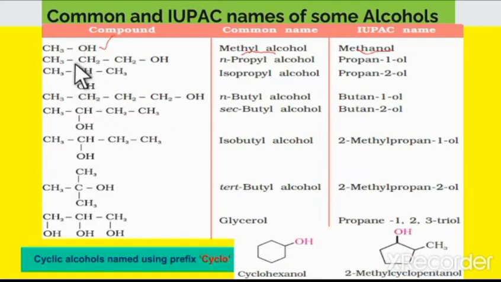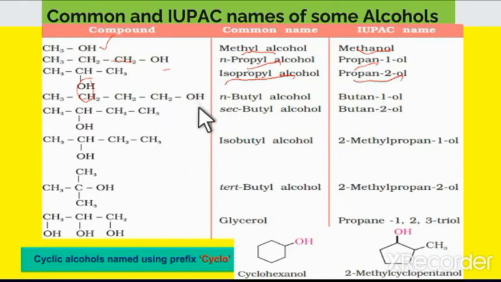The second one is CH3CH2CH2OH. The common name is n-propyl alcohol, and the IUPAC name is propan-1-ol. And another compound, if the OH is present at the second carbon of propane, comes under isopropyl alcohol, which is the common name, whereas the IUPAC name is propan-2-ol.